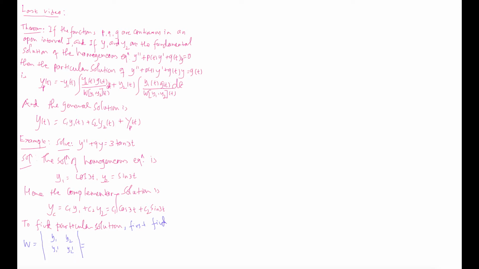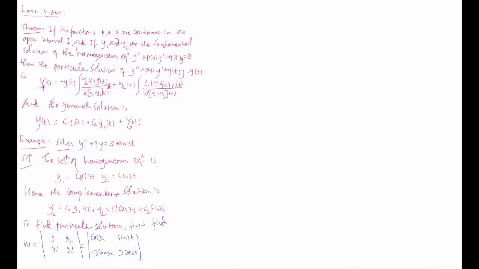So we first write the solutions and the derivatives of the solutions. Let's plug in those values: cosine 3t, and the derivative is negative 3 sine 3t, and then sine 3t, with derivative 3 cosine 3t.